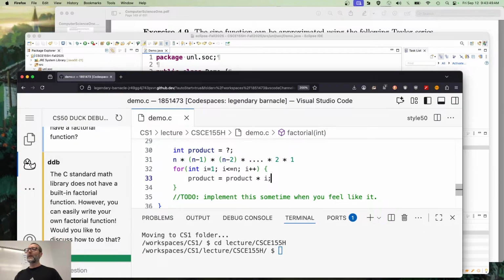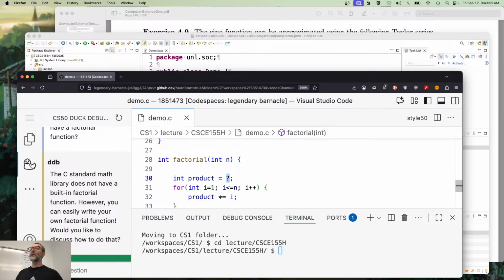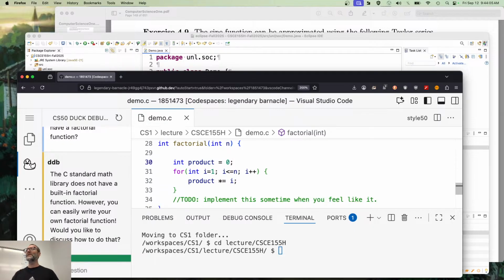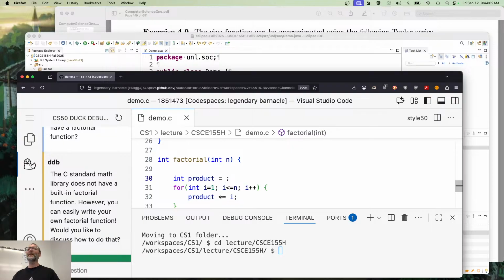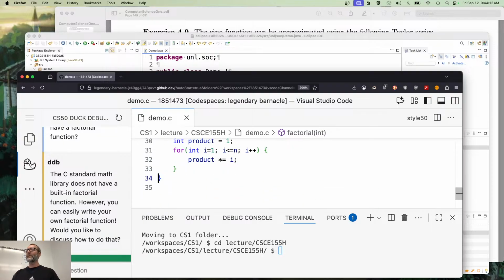Is there a more compact way of writing that as well? Times equals i. There we go, and I can get rid of that now. Where do I start my product? If it's like a sum, I would start it at 0. But how does multiplication work? It's always going to be 0. So where should I start it instead? 1. Okay.